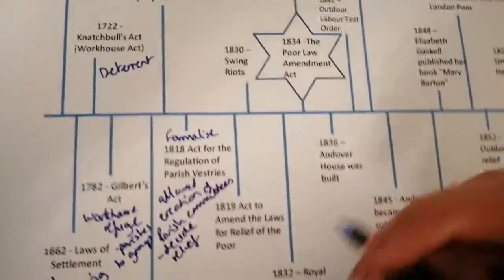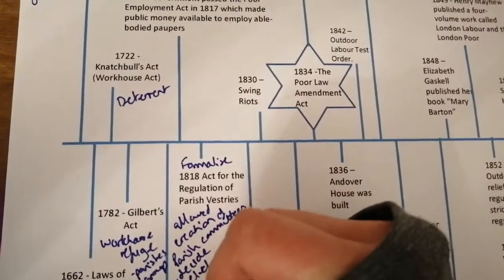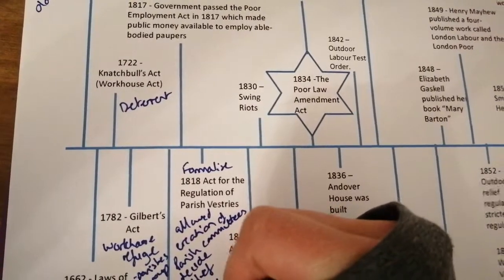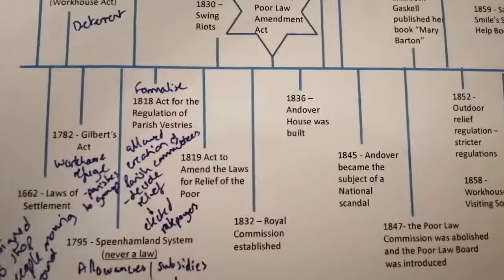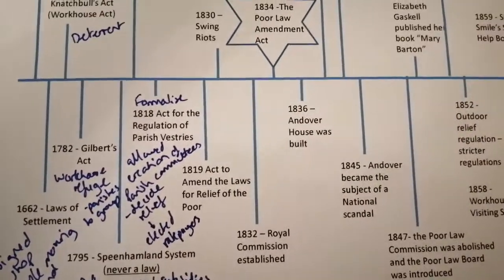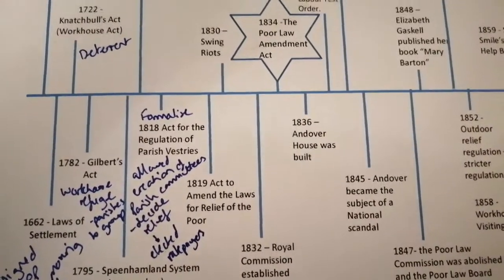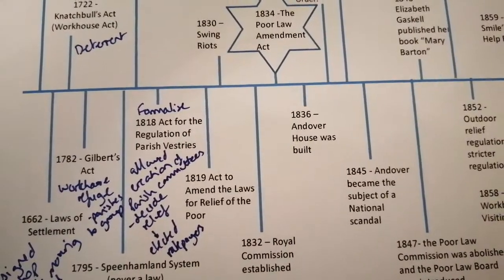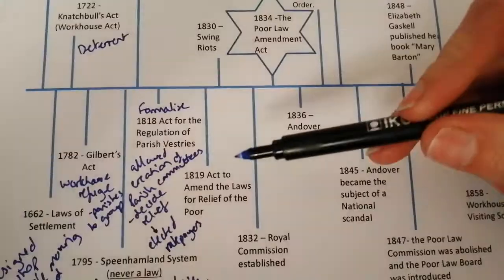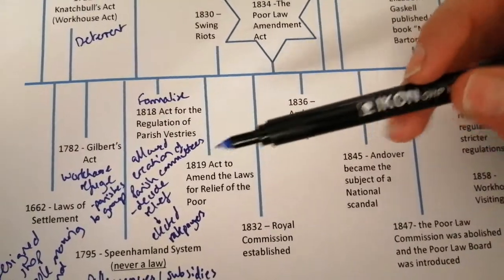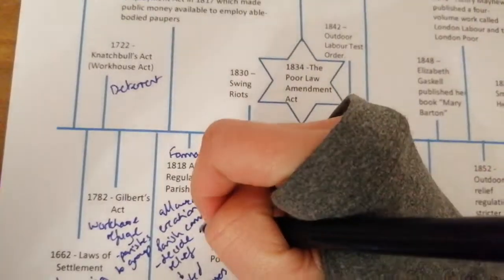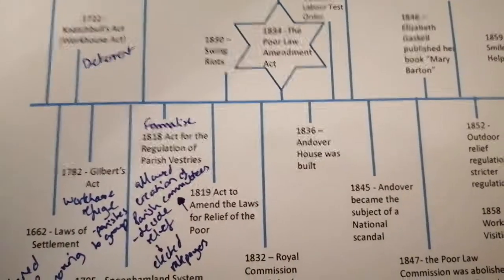However, the only problem with this is that the committees are elected by the ratepayers. So they're not necessarily going to be thinking of the poor's best interest. Now, with this, we also have the 1819 Act to amend the laws for poor relief. So again, we're starting to give control. Both of these help to cause this creation.